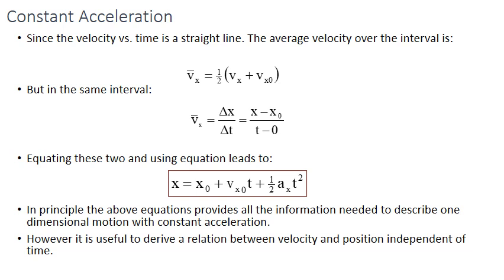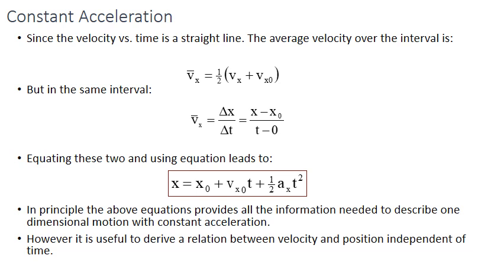I also know that the average velocity, by definition, is the change in position, which is the displacement, over delta t. And the change in position is just x final minus x initial. As I did with the velocity, I'm going to call the final position x and the initial position x0. And I'm going to choose the initial time as 0.